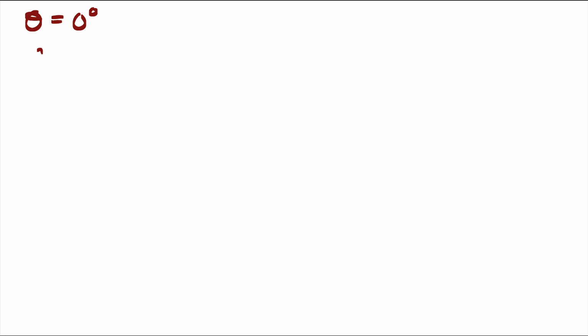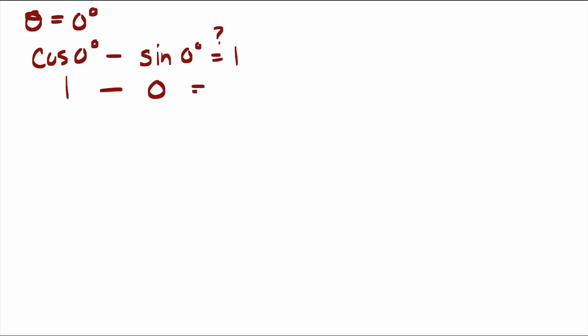So plugging in 0 degrees: cosine of 0 degrees minus sine of 0 degrees. Question is, does that give us a 1? Cosine of 0 degrees is 1, sine of 0 degrees is 0, and that is going to prove true. Perfecto. We'll put a little check mark for now.